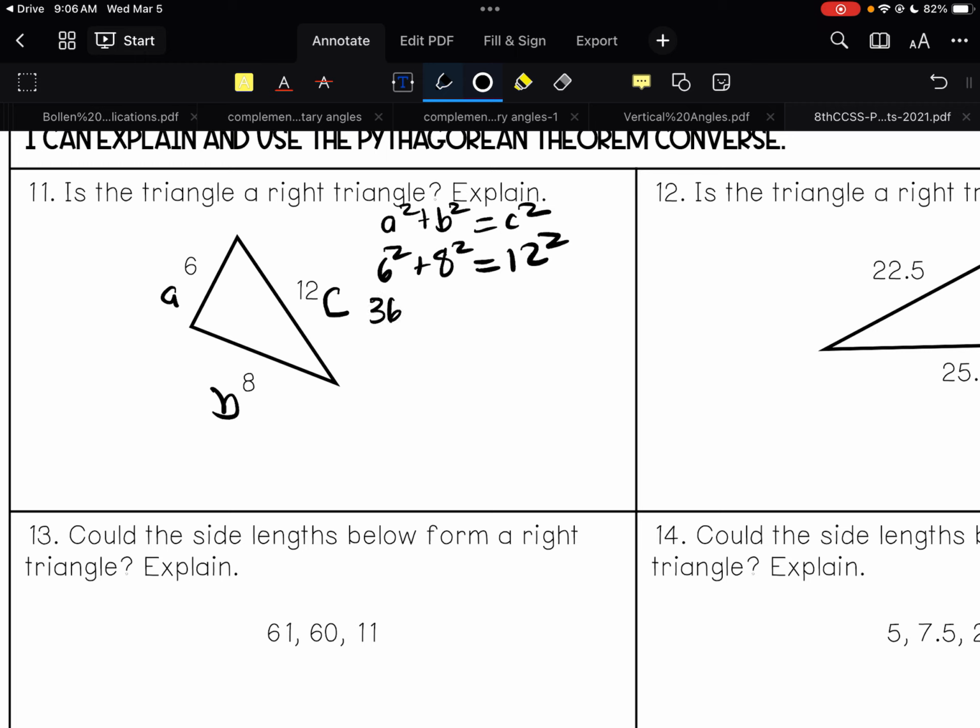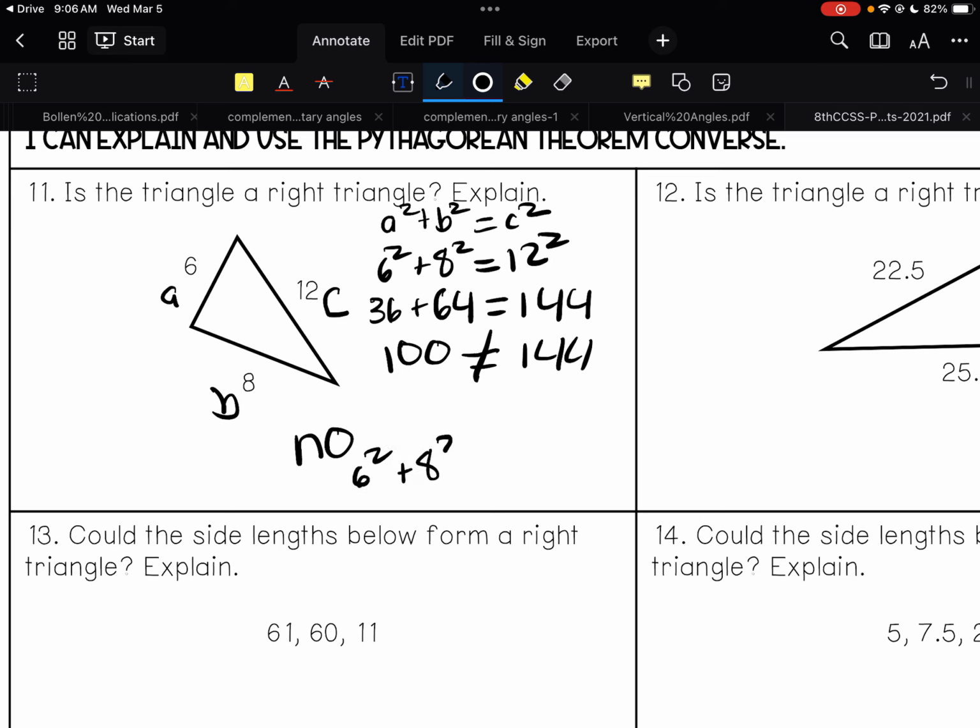You have 36 plus 64 is equal to 144. You have 100 equal to 144, which is not equal. So this is not a right triangle because 6 squared plus 8 squared does not equal 12 squared.